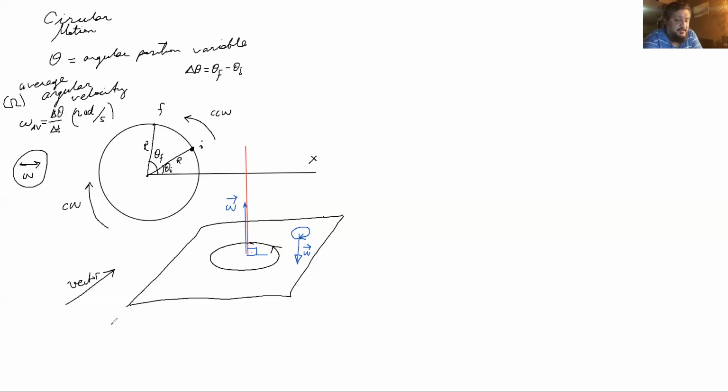What about the magnitude? Here's the magnitude. The magnitude is this. That's for average, though. What about the angular velocity at an instant?